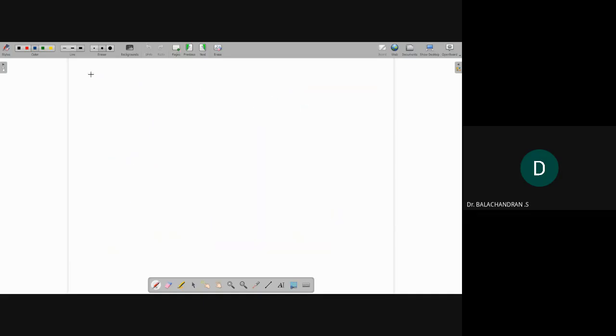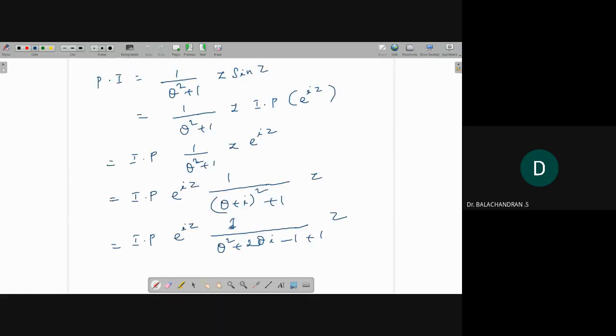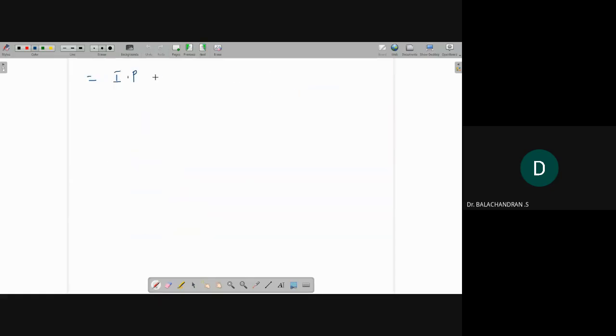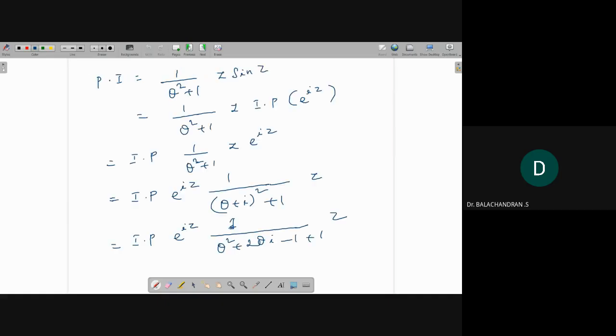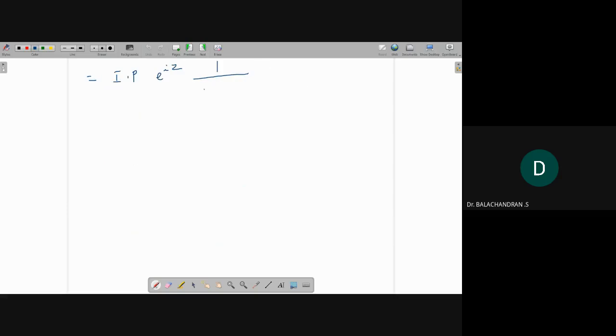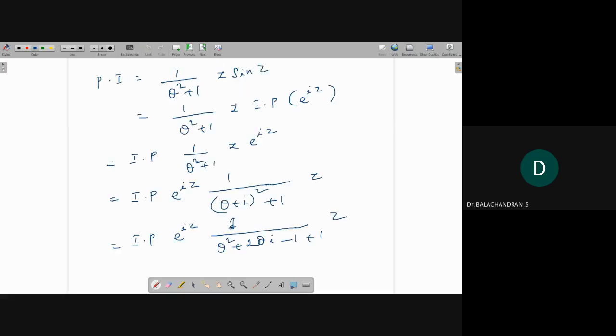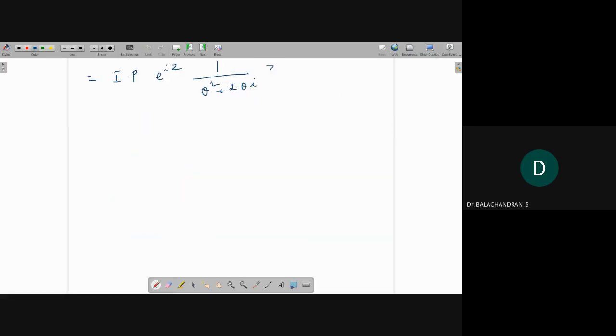So the imaginary part of e^(iz) into 1 by (θ² + 2θi), and our right hand side is z.